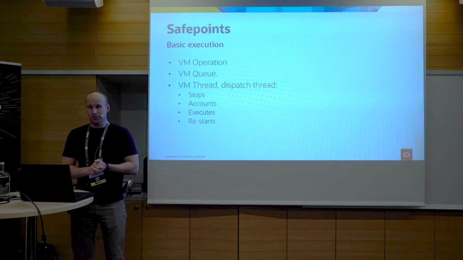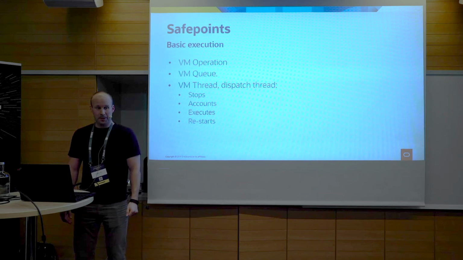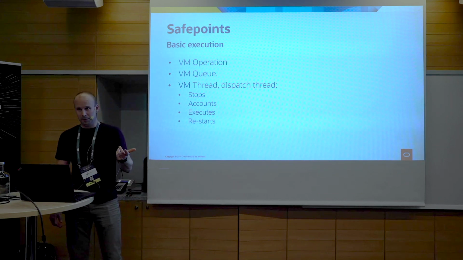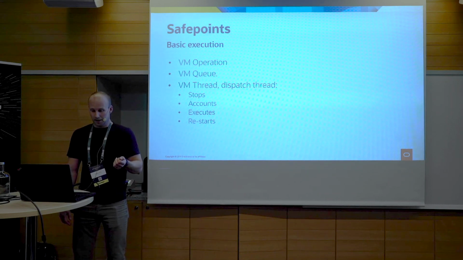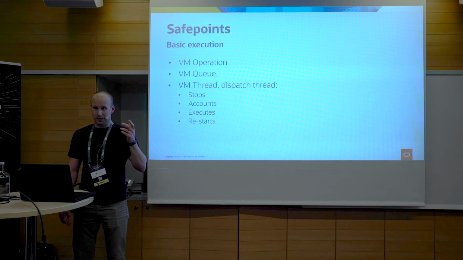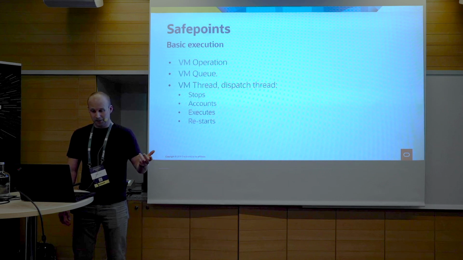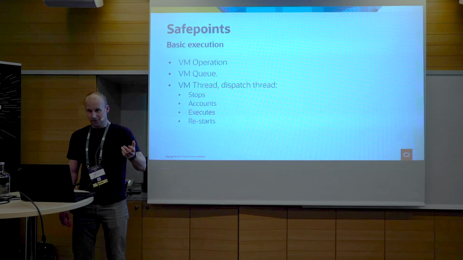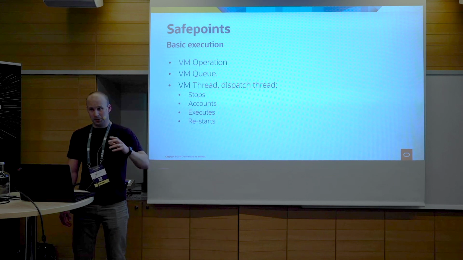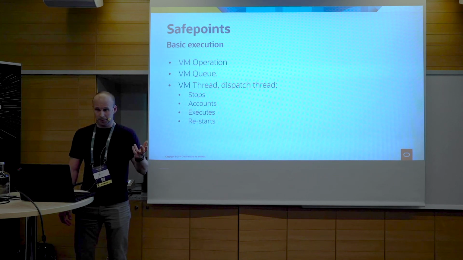This is how we execute a safepoint. We have something we call a VM operation. We have a queue, and we have the VM thread, which is the dispatcher of the safepoint. We put the operation on the queue, and the VM thread picks up from the queue and starts to execute the safepoint.